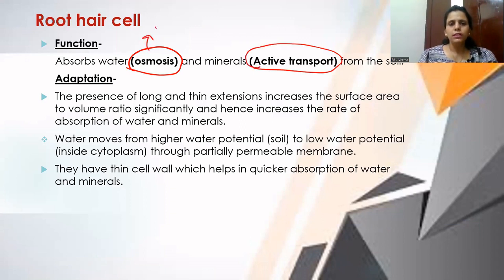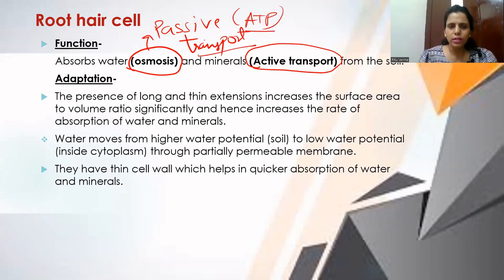We know that osmosis is a type of passive transport, that means no ATP molecules are used. In osmosis, water always moves from the region of higher potential to the region of lower potential through a semi-permeable membrane, and only the kinetic energy of the water molecules is used. No ATP molecules are used, isn't it?